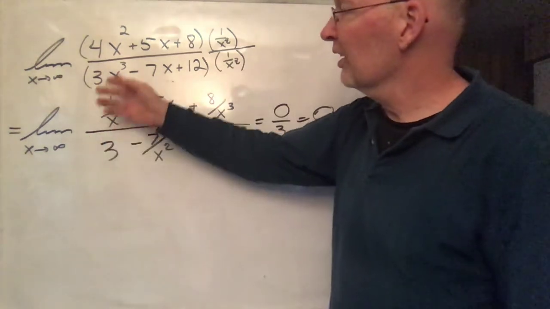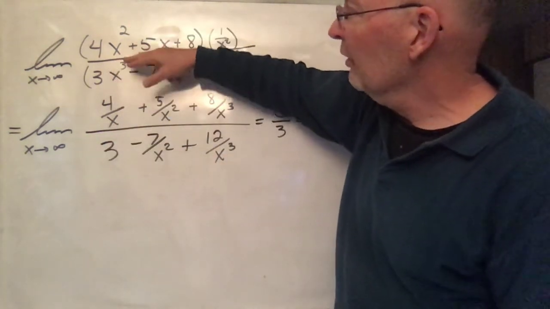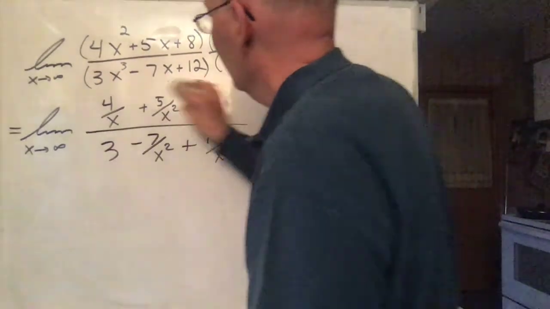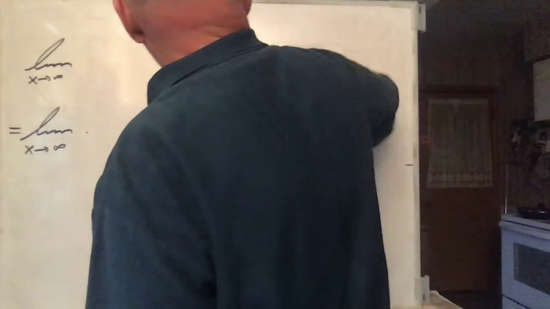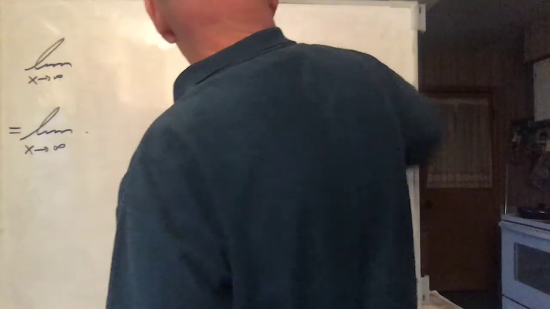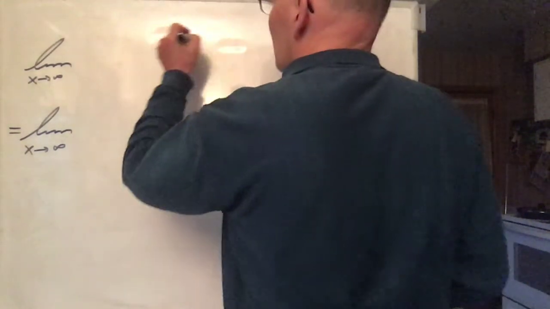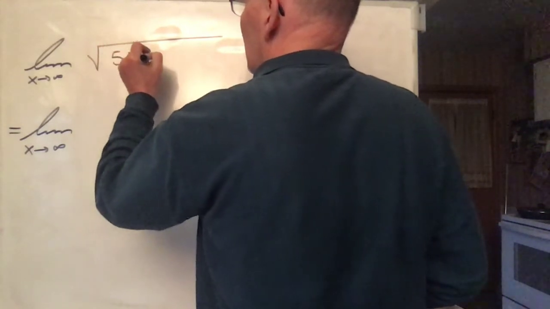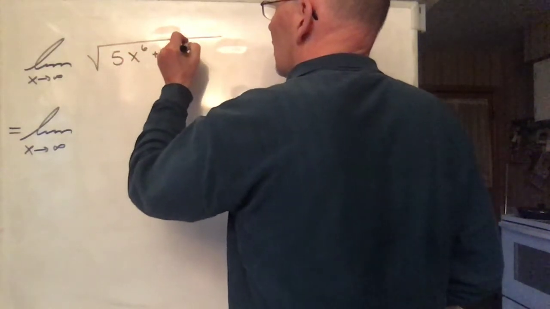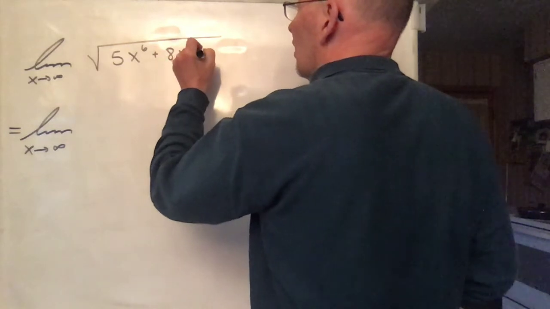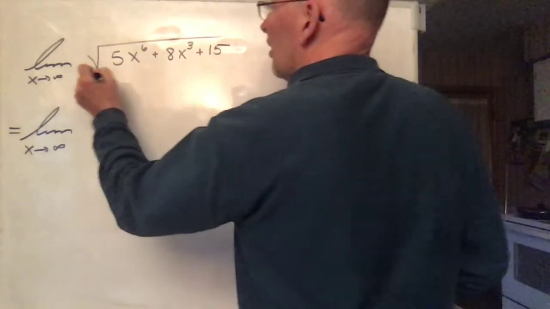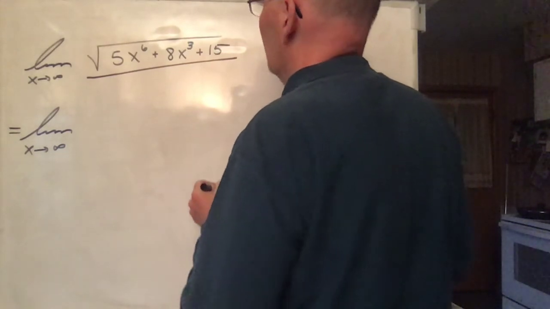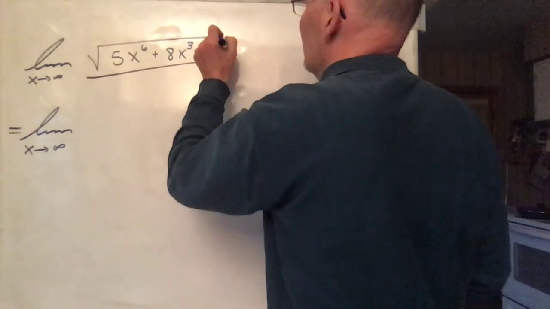Do a few of these and you can start seeing your own patterns and relationships about what happens with various powers. One other one that's maybe important to do, just for the algebra involved, is one like this. Let's see, how about, let's say 15x there.